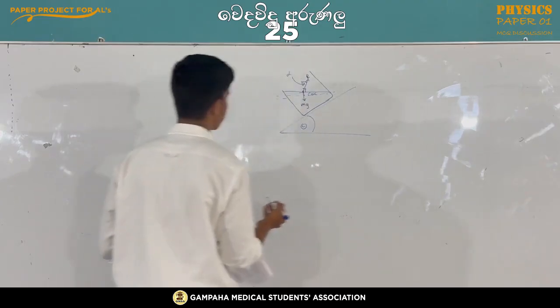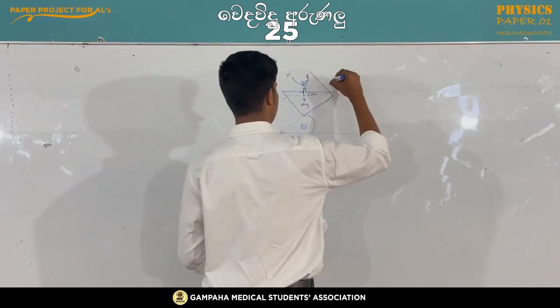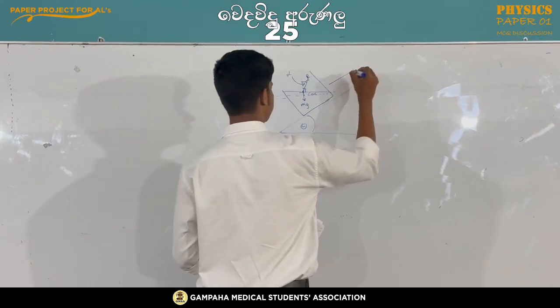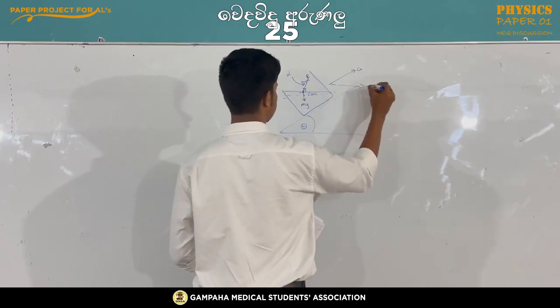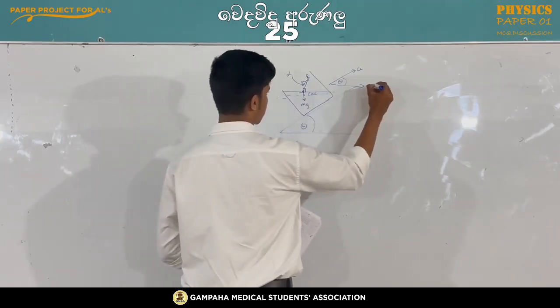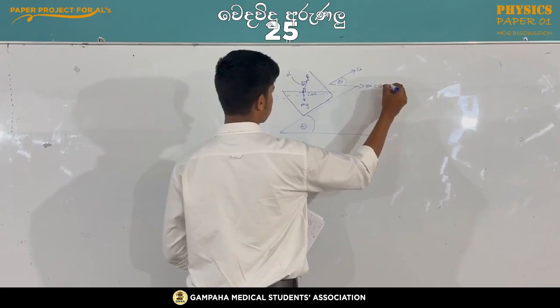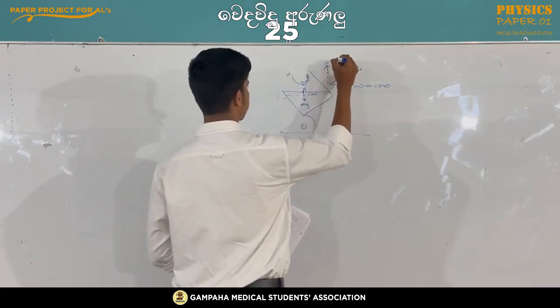There is also an acceleration to this side. Then the horizontal component of the acceleration, if this angle is theta, is A cos theta, and the vertical component is A sin theta.